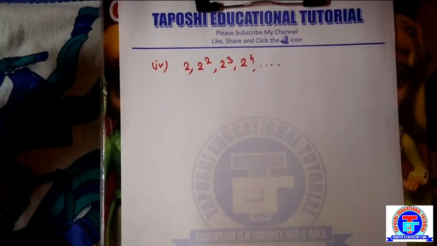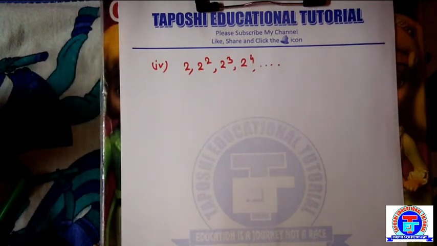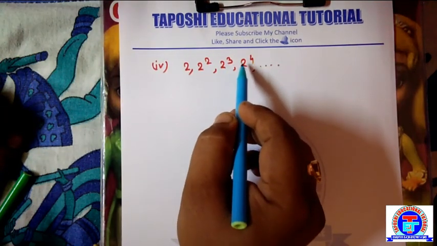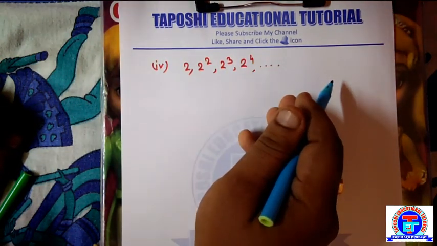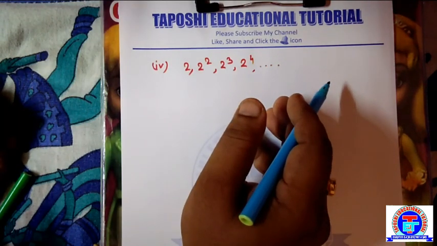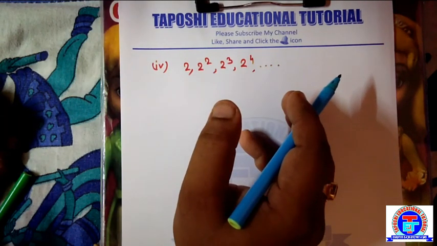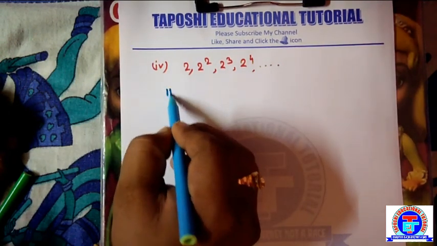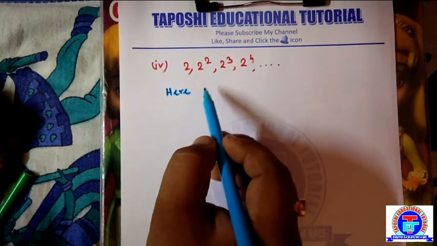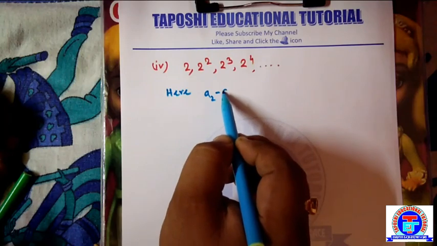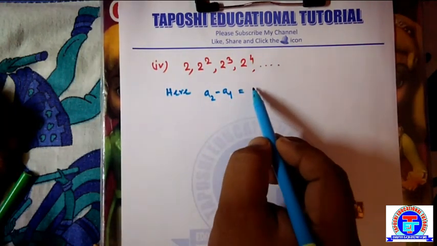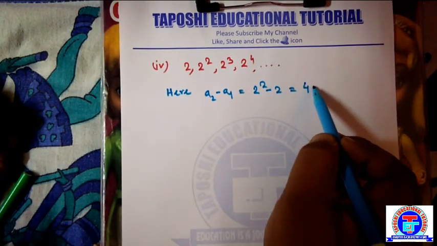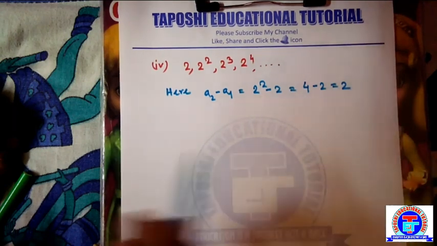Number 4, the list of numbers: 2, 2 to the power 2, 2 to the power 3, 2 to the power 4, and so on. Here we check is it AP or not. Here A2 minus A1 is equal to 2 to the power 2 minus 2, that means 4 minus 2 is equal to 2.